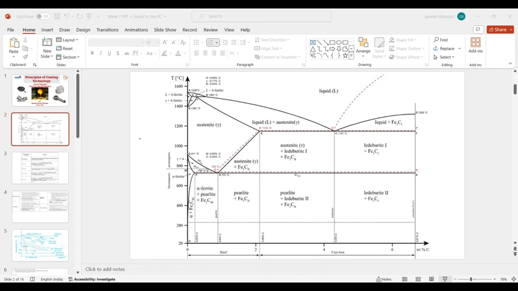During this holding time, the transformation will take place from stable austenite to the bainitic structure. Okay, bainite formation. After the bainite structure has formed, it does not matter. You can go with the annealing process, or normalizing, or quenching, you can go with any of the three processes, but this bainite structure is not going to get destroyed.